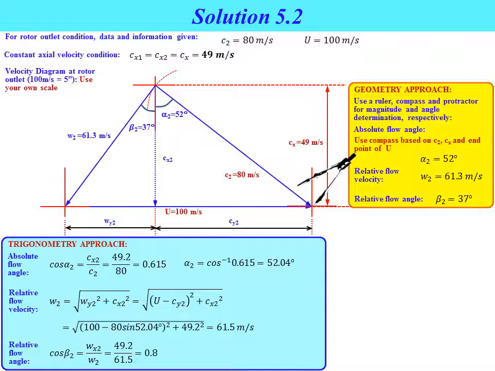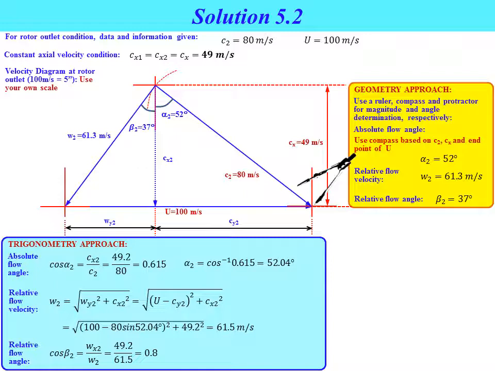For relative flow angle beta 2, refer to the velocity diagram. So cos beta 2 equal to Wx2 divided by W2. W2 equal to 61.5. However, Wx2 we obtain from the value of Cx2, because for this problem we consider that the axial velocity is constant throughout the compressor stage, where the value of Cx1 equal to Cx2 equal to Cx3.